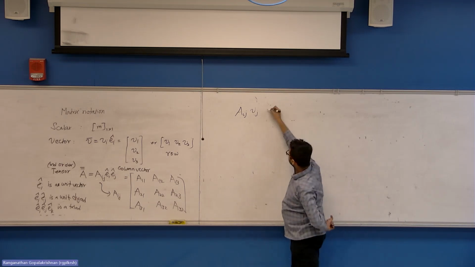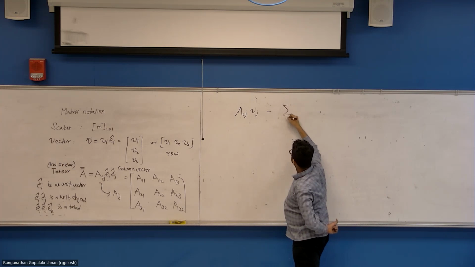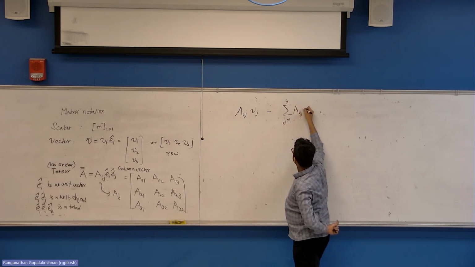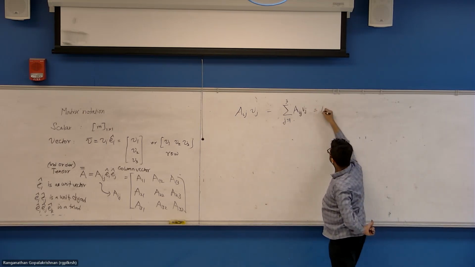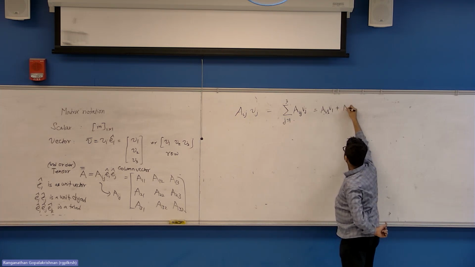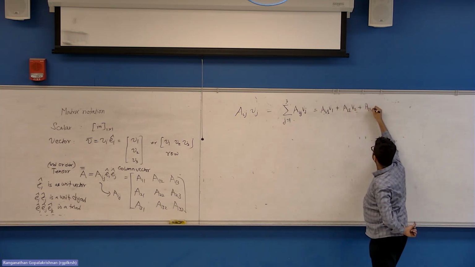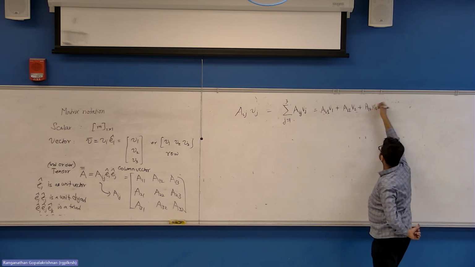This is shorthand for summation j equals 1 to 3 Aij Vj. Or this is like writing Ai1 V1 plus Ai2 V2 plus Ai3 V3.